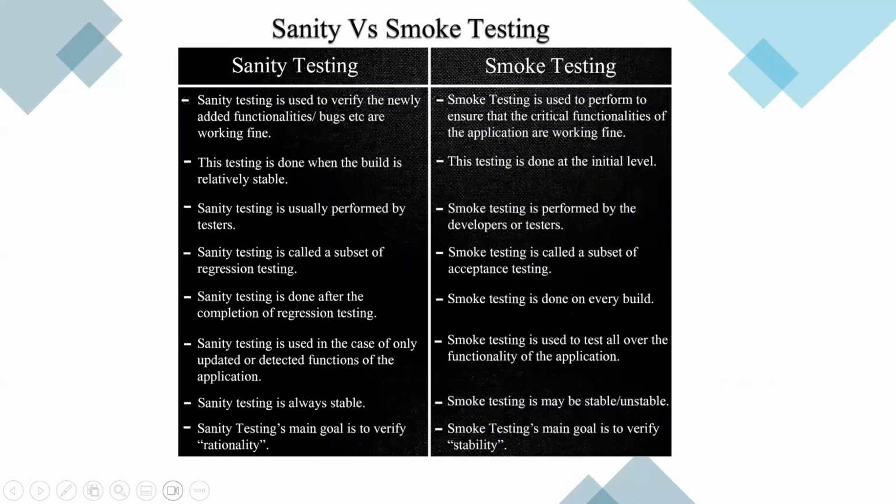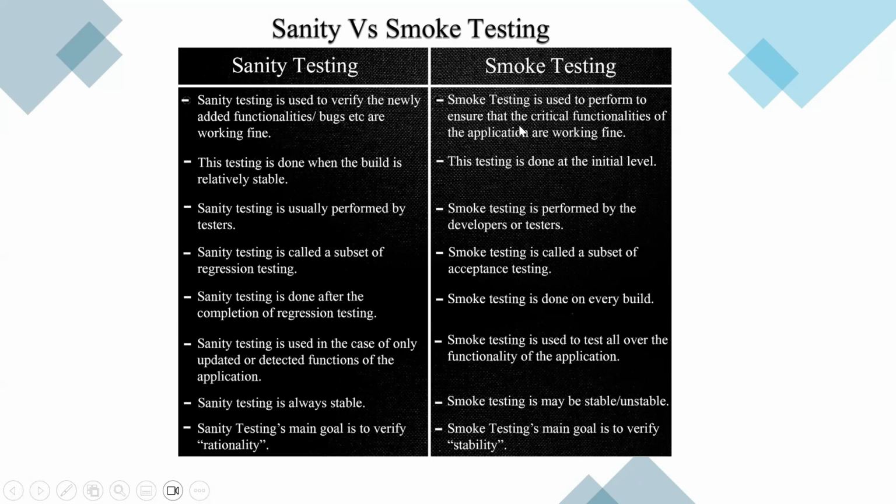Now we are going to see the difference between sanity testing and smoke testing, and this is the most important interview question. Mostly, if you are going for a manual testing interview, the interviewer will definitely ask what is the difference between sanity testing and smoke testing. Sanity testing is used to verify that newly added functionality is working fine.